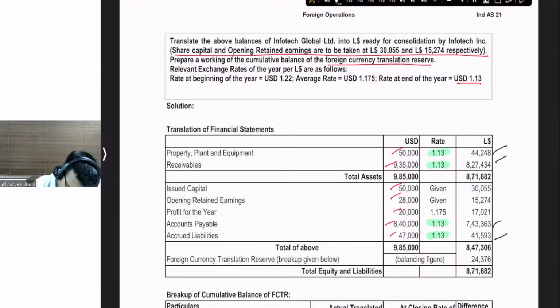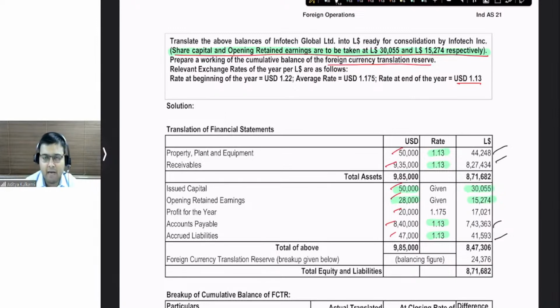They have given us share capital and opening retained earnings to be taken at these values respectively. So share capital, this one, retained earnings opening, this one, 15,274. Now coming to the next one, profit for the year.